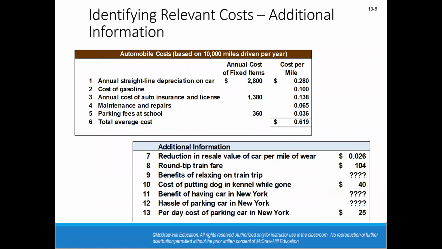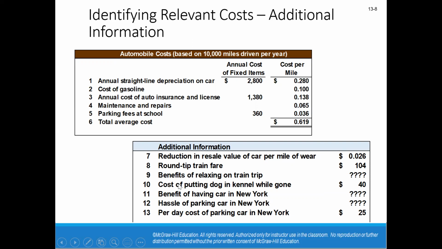But what's relevant? Okay, so we've got these automobile costs based on 10,000 miles driven per year. Then we've got this additional information: a reduction in resale value of the car per mile of wear, round trip train fare, benefits of relaxing on a train trip.